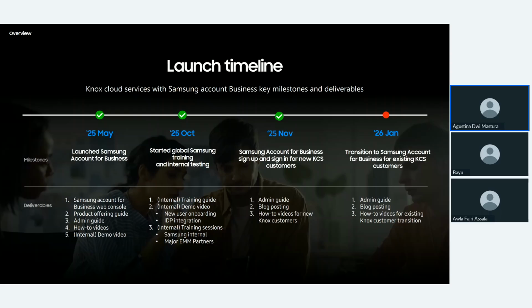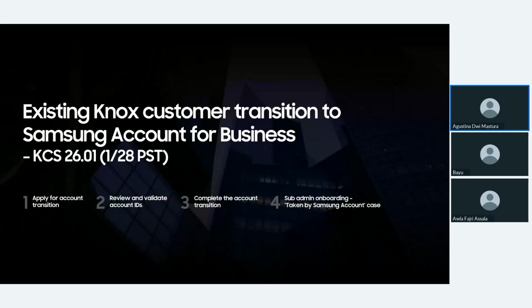Will it be affecting their existing Knox account? Because it will be very concerning if it affects the production of their devices that have been enrolled and used. So that's the idea today, and I will try to go through the steps one by one about the transition.